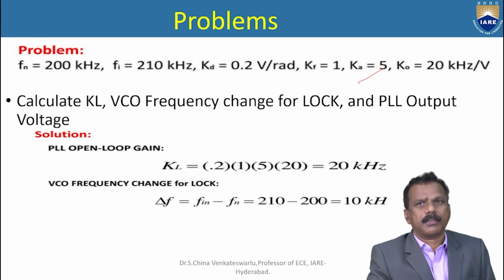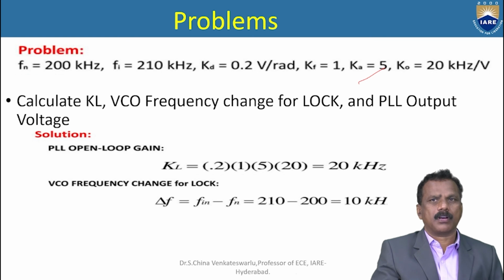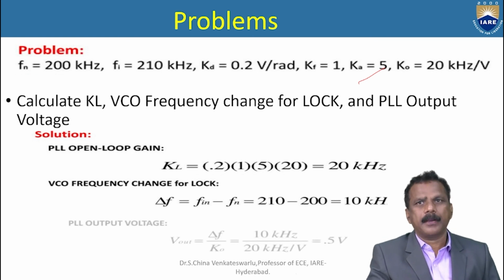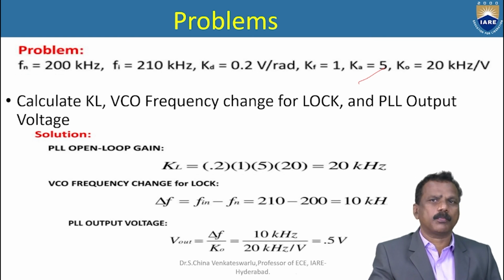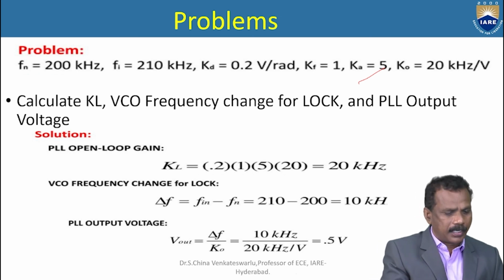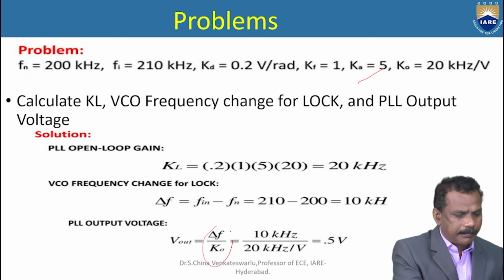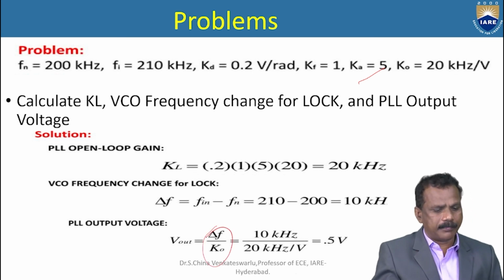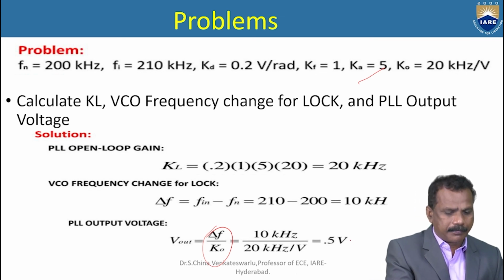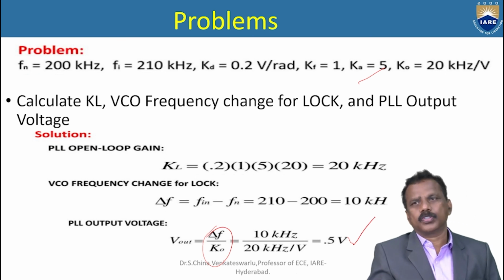That is the VCO frequency change for lock, del F. Now the PLL output voltage. The formula is V output is equal to del F by K naught. Del F is given, K naught is also given. 10 kilohertz by 20 kilohertz per volt is 0.5 volts. Like this, we need to calculate.